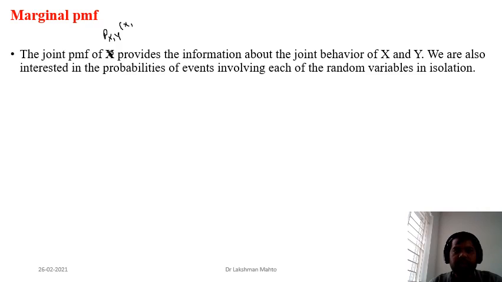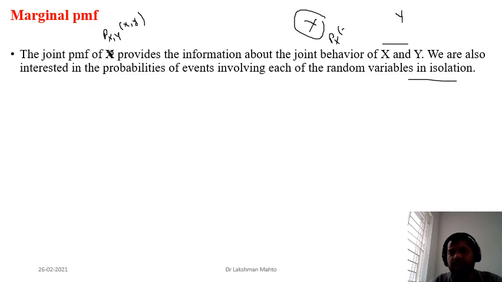If you are having two random variables, generally it is talking about the joint behavior of any two random variables X and Y, and we are also interested in the probabilities of events involving each of the random variables in isolation. That means we are also interested in the situation where X is separately dealt with. So to discuss X separately, that probability mass function we call the marginal probability mass function, and we denote it by p_X(x).